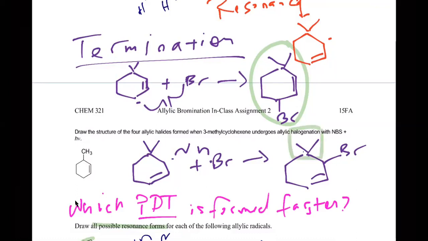Okay, you're right. So the two methyl groups up top make that site harder to get to. Is that what you're saying? Yeah. I agree with that. That's what I was thinking too, Oriana. So the top product is faster because the carbon where bromine is attacking is more accessible.